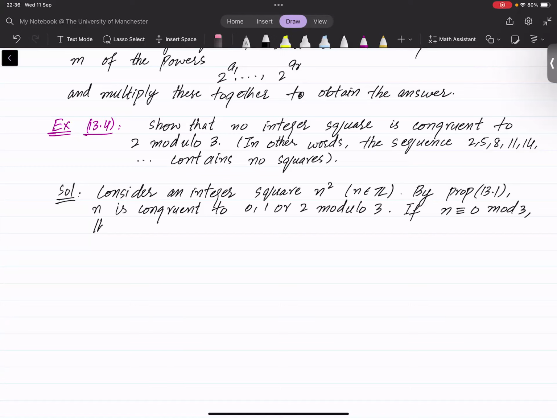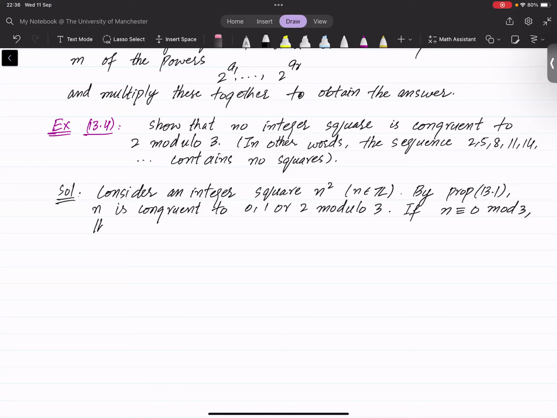Similarly, if n is congruent to 1 mod 3, then n square is congruent to 1 mod 3, and if n is congruent to 2 mod 3, then n square is congruent to 4 mod 3, and hence using 13.23, we get n square is 1 mod 3.